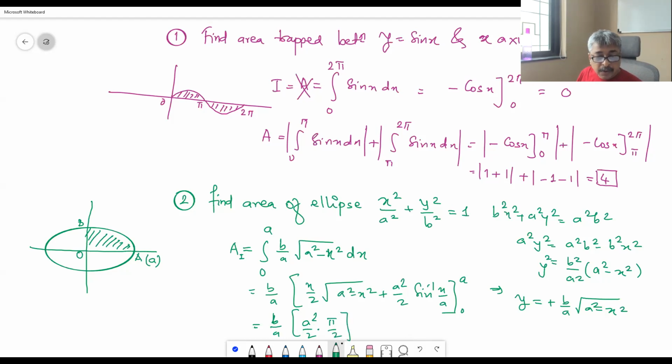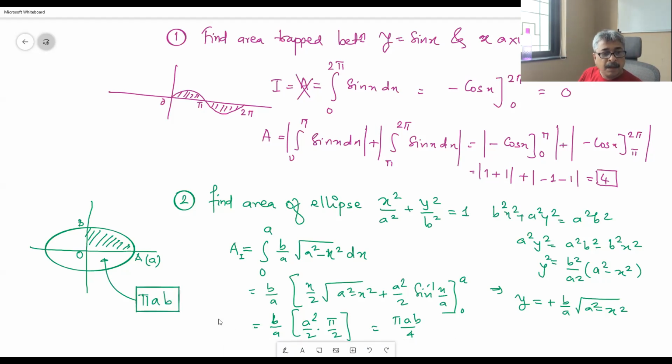Correct. So a cancel 4. This is equal to pi a b upon 4. So area of ellipse total is going to be pi a b, right?